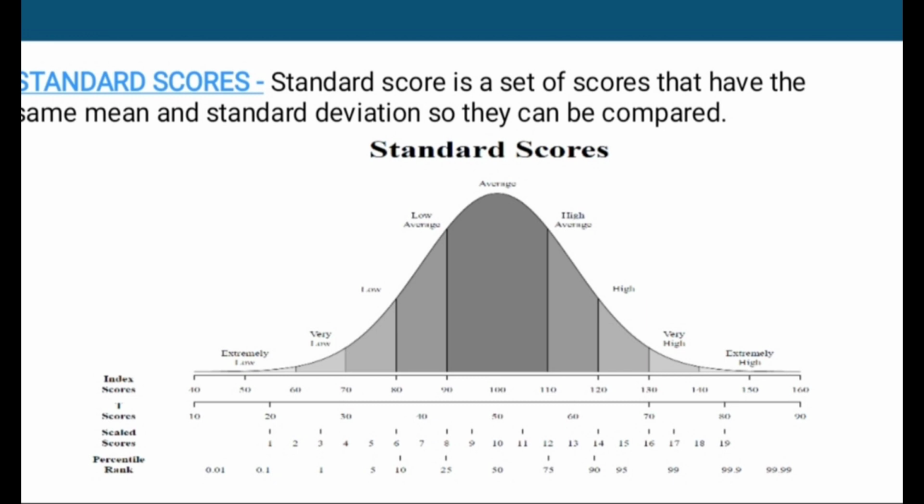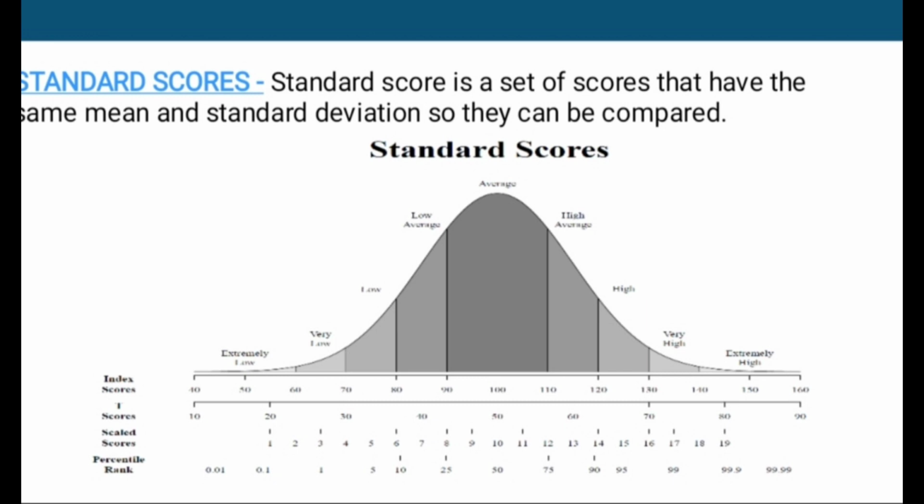As you can see in the picture above, there is a standard score scale. The lowest scores are called extremely low, followed by very low, then low average, and the average is at the center, where you can see in the picture there is a curve going from the bottom up.